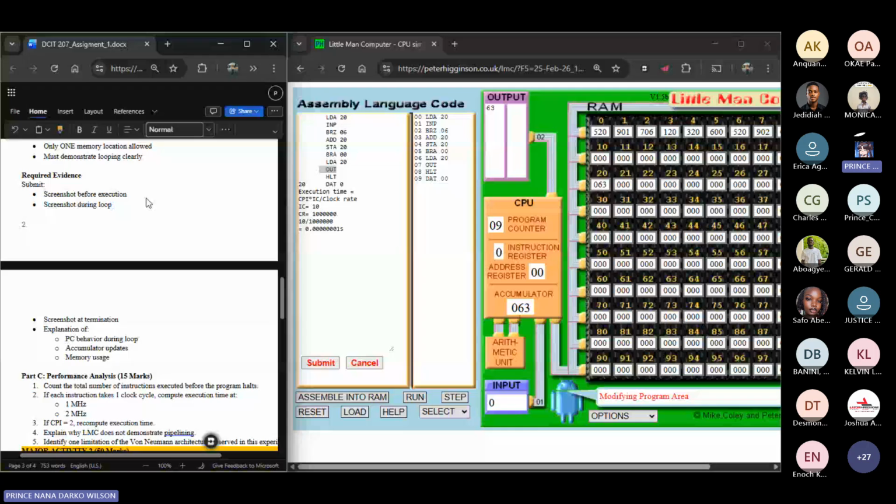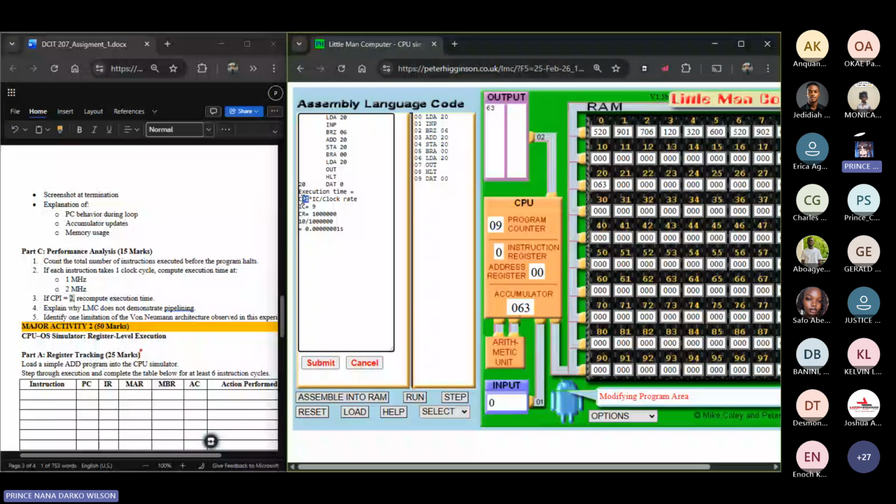You will update the CPI value in your formula from 1 to 2. So it becomes 2 times instruction counts divided by clock rates, in this case 2 times 9 divided by clock rate. And then you move the decimal point the required number of times. And that's all. Okay?